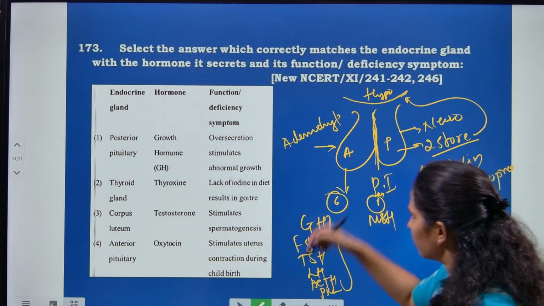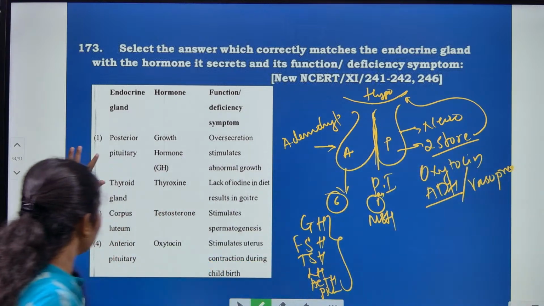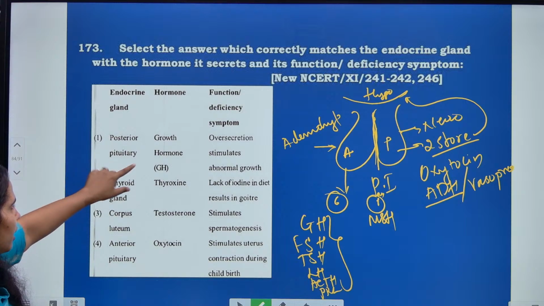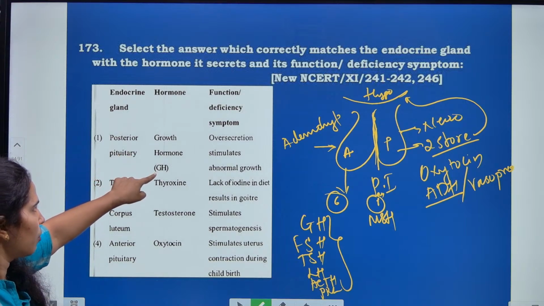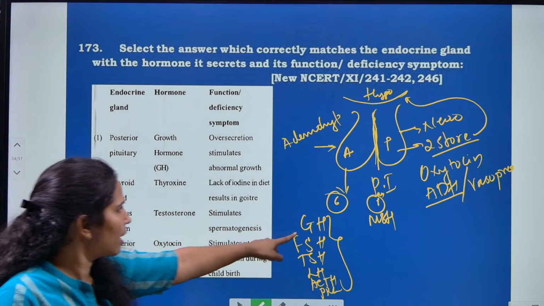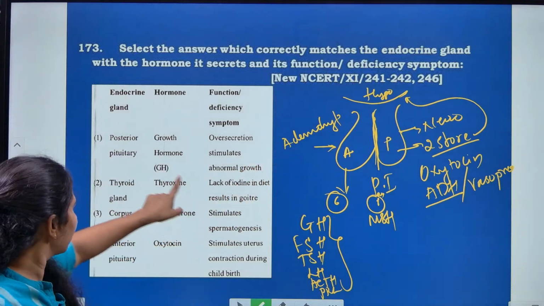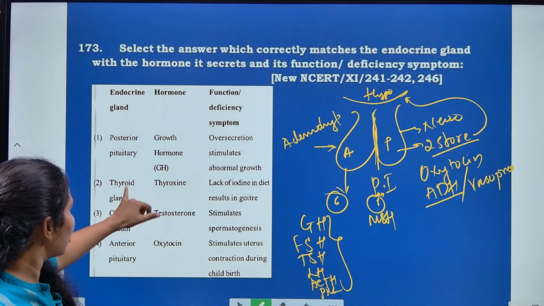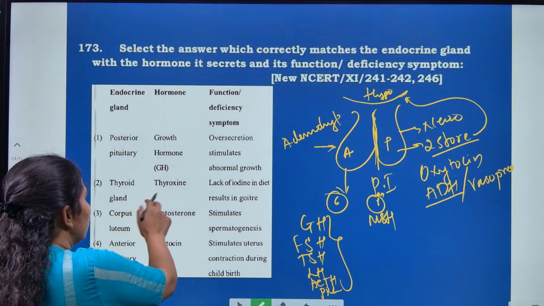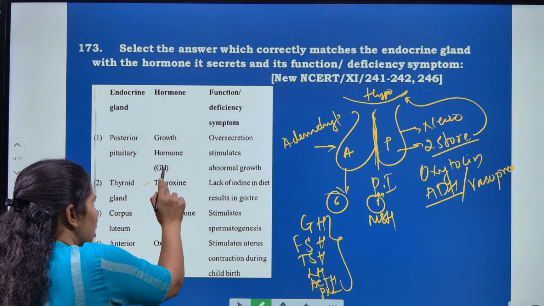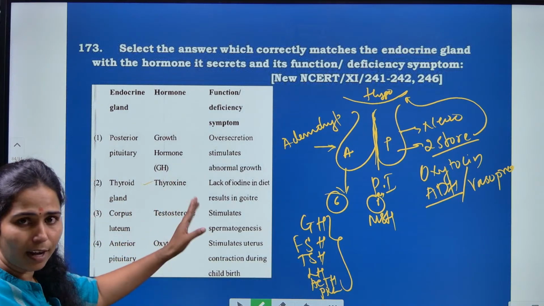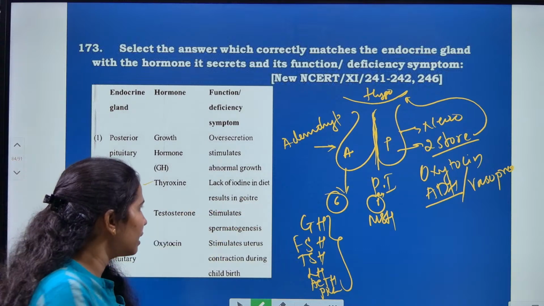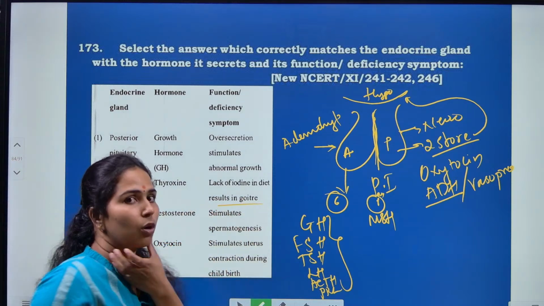Now based upon this, you just go with this. The posterior pituitary does not secrete the growth hormone. Who secretes it? It is the anterior lobe of the pituitary gland. Next comes the thyroid gland. Yes, the thyroid gland secretes thyroxine hormone. If there is a lack of thyroxine in the diet, it results in goiter.